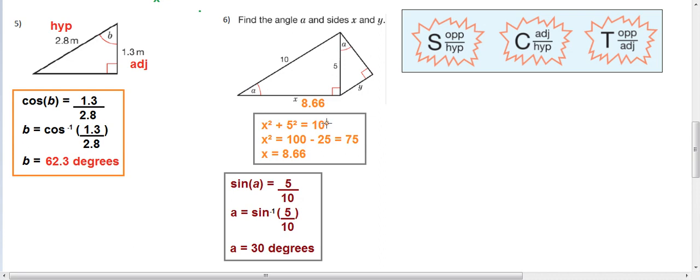And now we can use the relation: the opposite side divided by the hypotenuse again. So let's do it. The sine of 30, because now I know the size of the angle. So you already know that we don't need the inverse function anymore.